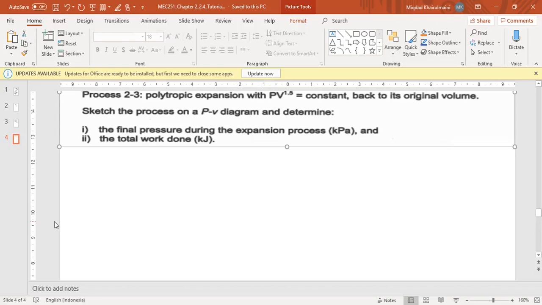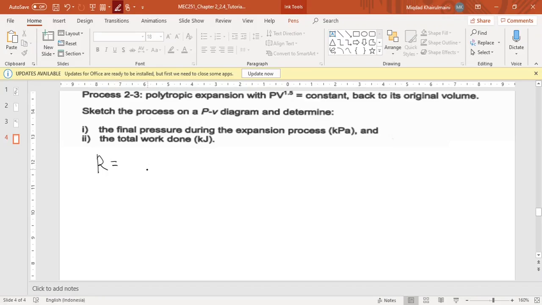The values which we require are, first, the gas constant R. For nitrogen, the gas constant R is 0.2968 kilojoule per kgK.